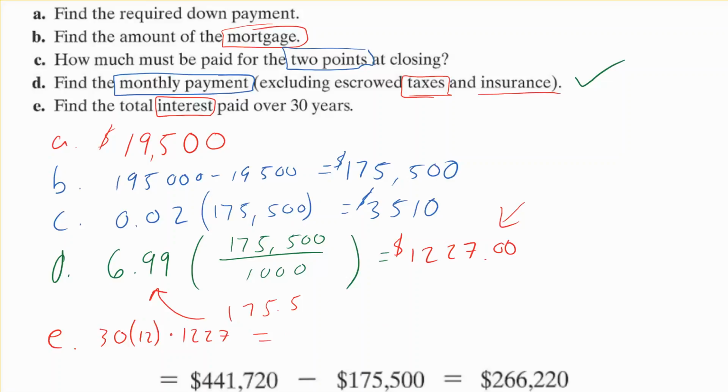So I'm going to end up writing out checks for $441,720. That's my 30 times 12, so 360 months times 1227. Subtracting off the initial home cost, I'm going to end up paying this much in interest. It always ends up being such a crazy number.